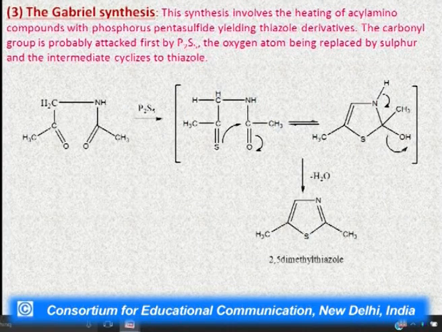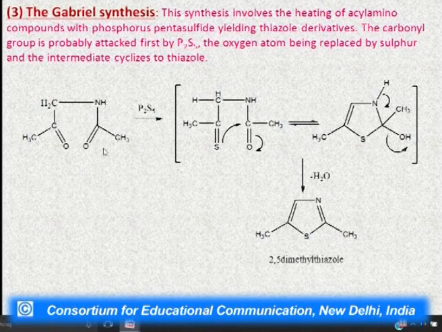The next important reaction for preparation of thiazole is the Gabriel synthesis. This synthesis involves heating acyl amino compounds with phosphorus pentasulfide, yielding thiazole derivatives. The carbonyl group is probably attacked first by the phosphorus pentasulfide, the oxygen atom being replaced by sulfur, and then the intermediate will cyclize to thiazole.